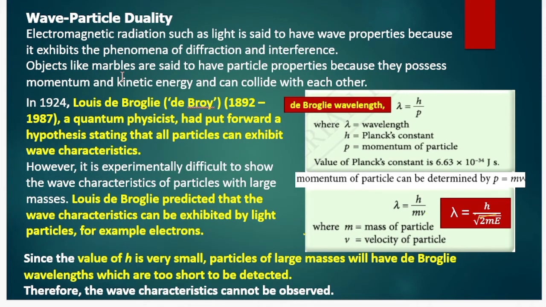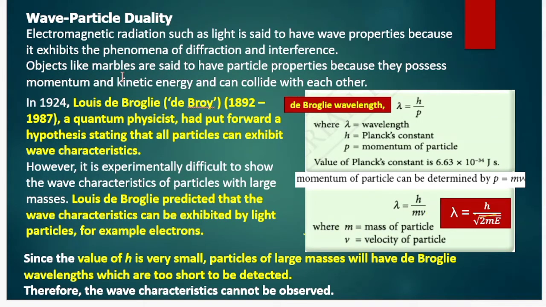Therefore, the wave characteristic cannot be observed. Thus, a larger mass of particle, like the marble just now, cannot show the properties of wave, as the wavelength produced, which we call the de Broglie wavelength, is too short to be detected.